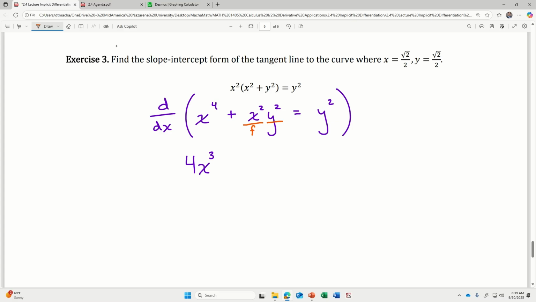If I've got an f and a g and I'm multiplying them together, then the derivative of a product is f prime g plus fg prime. So this is going to be 2x times y squared plus x squared times 2y dy dx.